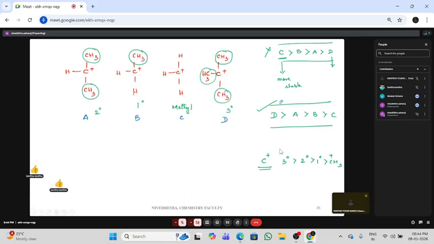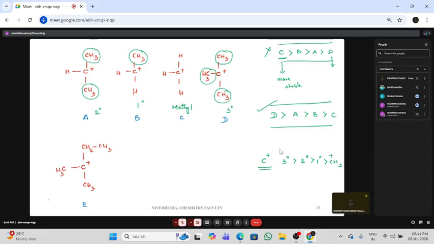Now I'm going to add one more carbocation to this. Now tell me whether it is primary, secondary, or tertiary. Tertiary only, ma'am. Yes, it is tertiary because here also we have three R groups connected to the positively charged carbon.